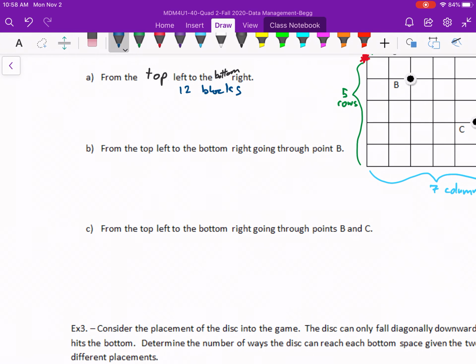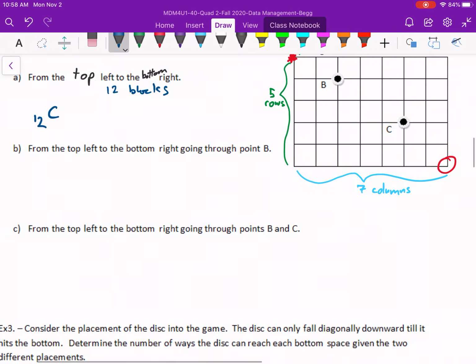So if there's 12 blocks, then using combinations, we could do 12 choose 5, in other words, 5 ways to get down to the bottom row. Or we could do 12 choose 7. Because remember, these are just cells within Pascal's triangle, and it's symmetrical.